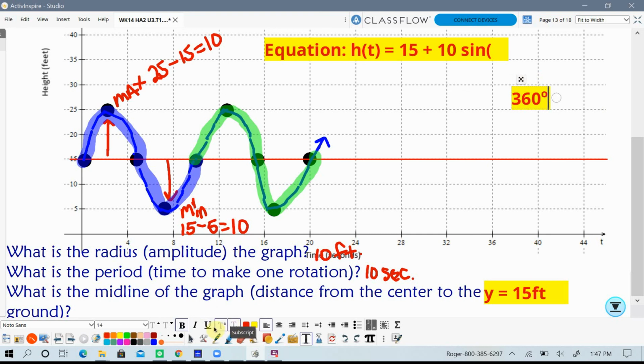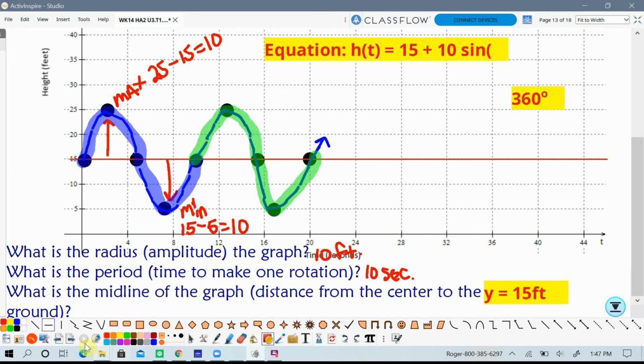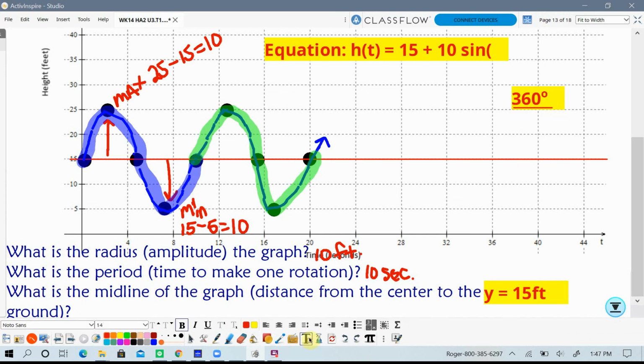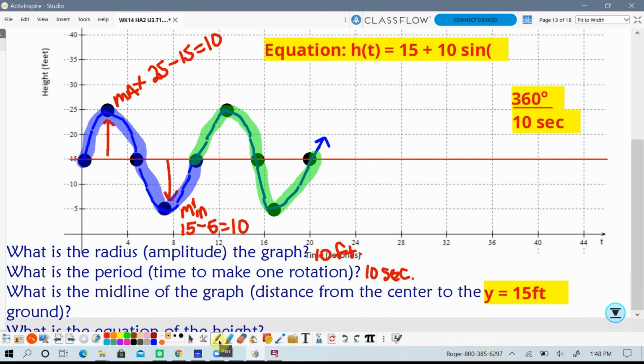But we have to divide it by the number of seconds it takes to make one full rotation in this graph. We do know that now: it takes 10 seconds. So when I divide this, I end up with 36 degrees per second.